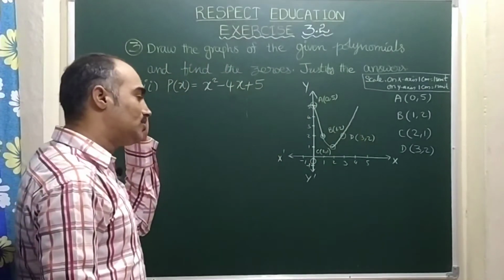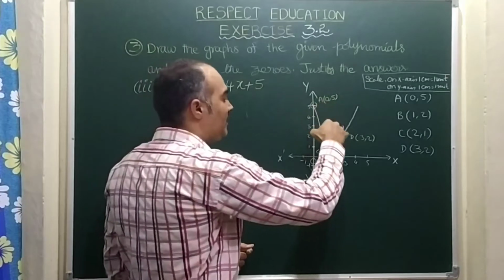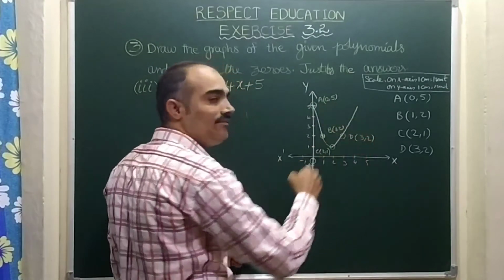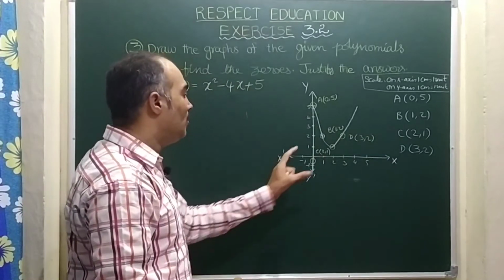Right? So here you observe, does the graph intersect the x-axis anywhere? Nowhere.